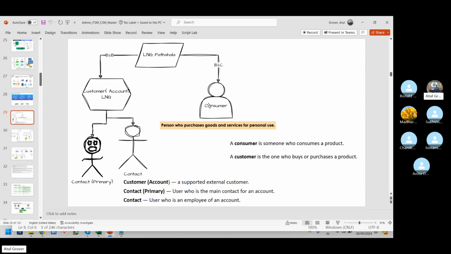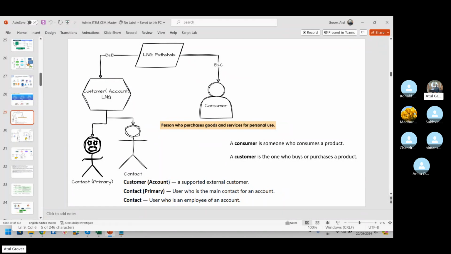And all these diagrams are prepared by me only. So let's say I am LNG Pathshala, a service provider. And LNG, another company to whom I'm giving services, is an account. This is B2B.